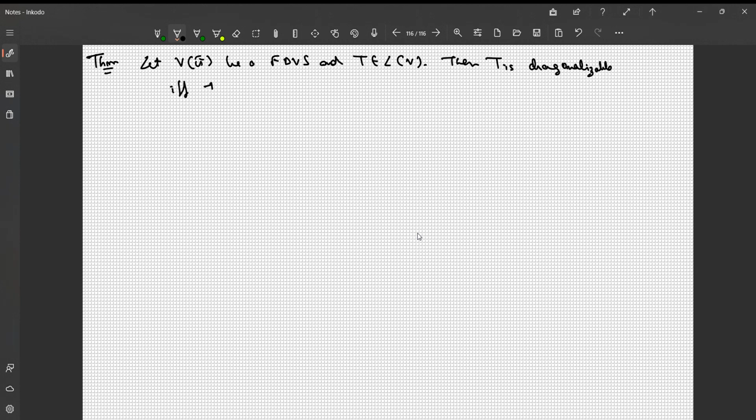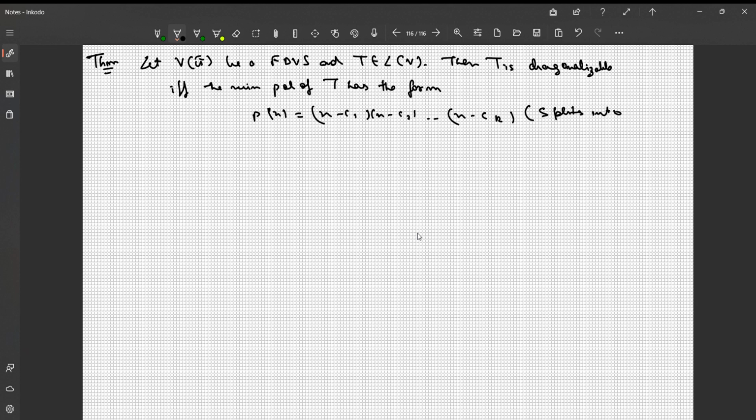Then T is diagonalizable if and only if the minimal polynomial of T has the form p of x equals x minus c1 times x minus c2 till x minus ck. So it splits into linear factors, right?